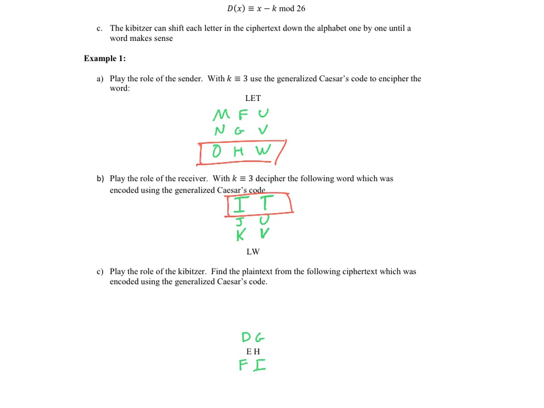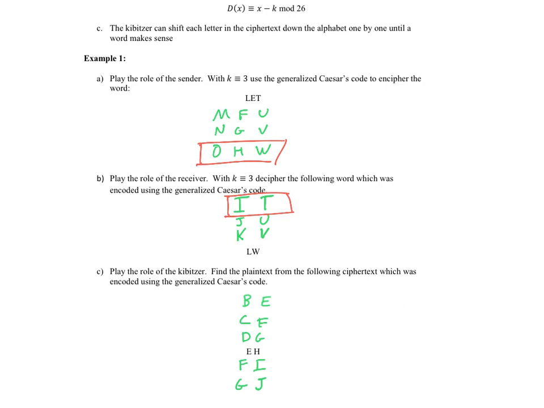So we'll keep going. Maybe C, D, E, F, G. And then on the other side, we'd have F, G, H, I, J. Maybe I still don't see anything. The kibitzer's looking and looking for a word. They don't find anything, but if they do one more shift, they would get B, E.